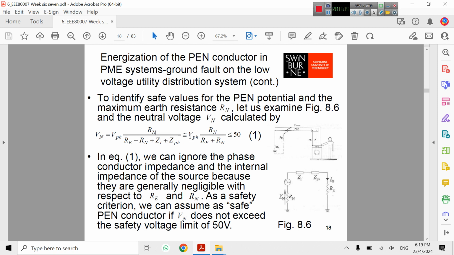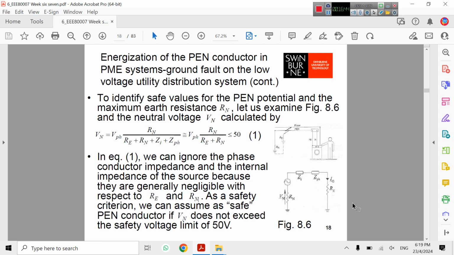So V neutral equals V phase times Rn over Re plus Rn, again in this system as the TT. The voltage VST or VT should be less than 50 V for safety.